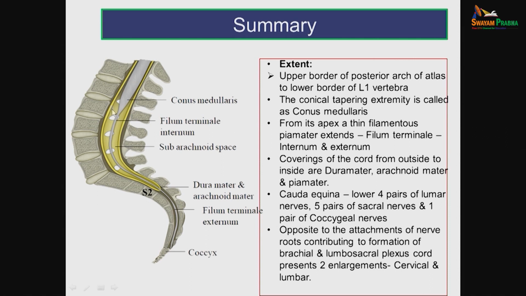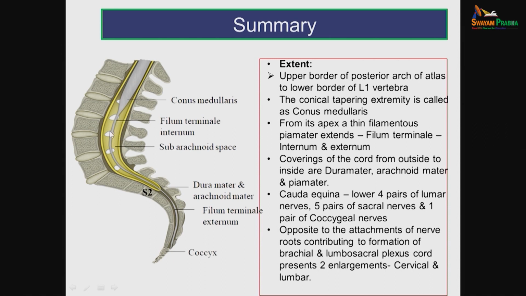The part of the filum terminale within the subarachnoid space is called the filum terminale internum, which is 15 centimeters long. The part of the filum terminale outside the dural sac, extending from S2 till the dorsal surface of the coccyx, is called the filum terminale externum, which is about 5 centimeters long.